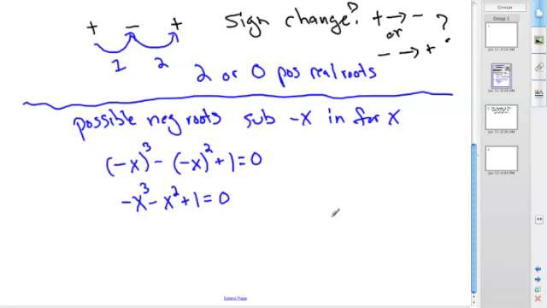And we're going to apply Descartes' rule of signs. So we have a negative, negative, positive. No sign change? Yes, we do. We have 1. So we're going to have 1 real negative root.